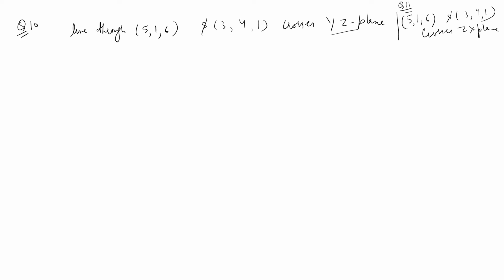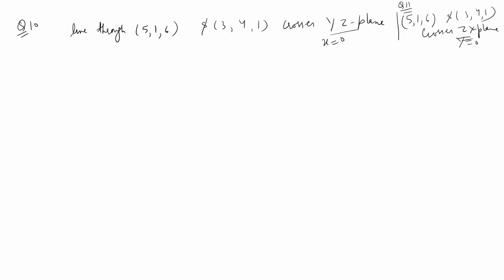So what is the difference when it is crossing the YZ plane and when it is crossing the ZX plane? There is one thing to remember: on the YZ plane x is 0, and on the ZX plane y will be 0. This is the only difference. So we will finish both questions in one go, because the rest of the points and coordinates are the same. Let us check how we are going to do it.